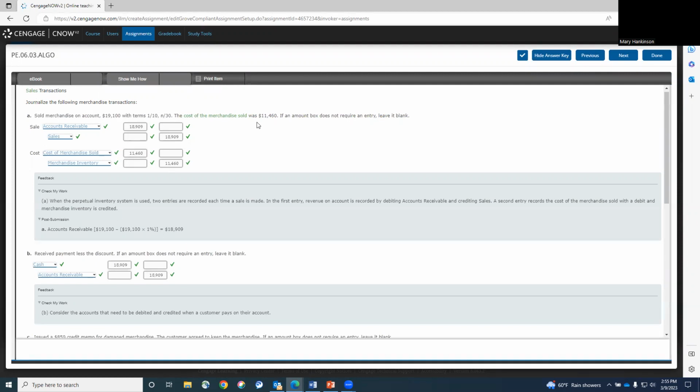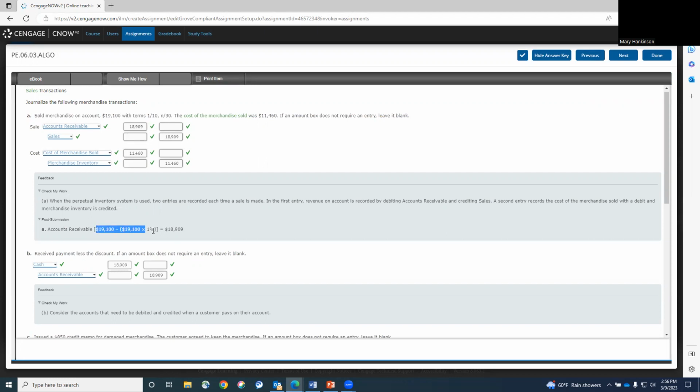The cost of the merchandise sold was $11,460. All right, so we know our sales transactions are four-sided entries. So we're going to start with a debit to accounts receivable because we sold the merchandise on account. And we're going to go ahead and credit our sales account. Now, because we offer a discount, we're going to calculate that discounted rate.